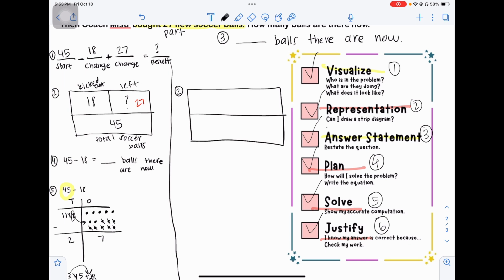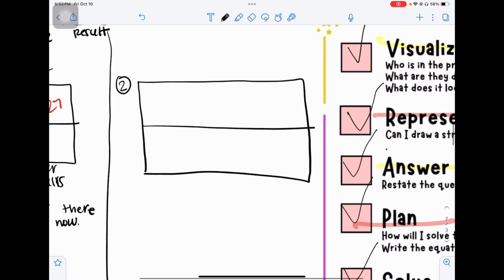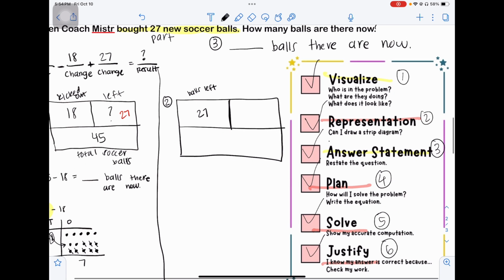Now I'm going to do 27 plus 27 to find my result. So, again, that's a part because now we have 27 balls left, right? Because we were trying to find what was left. So balls left, that's our label.